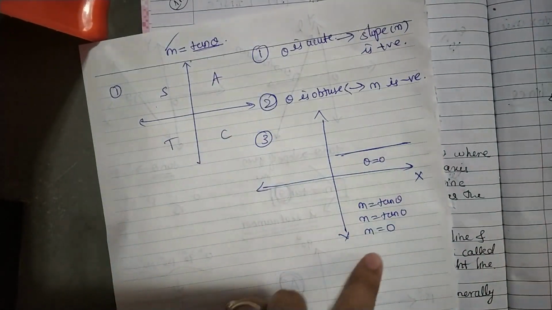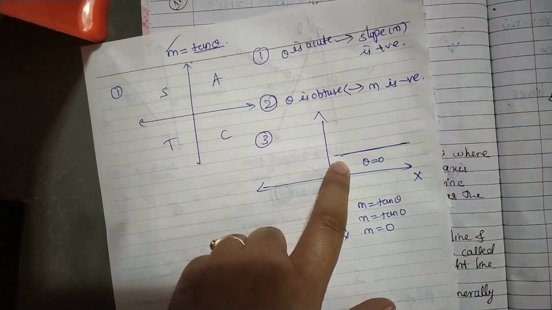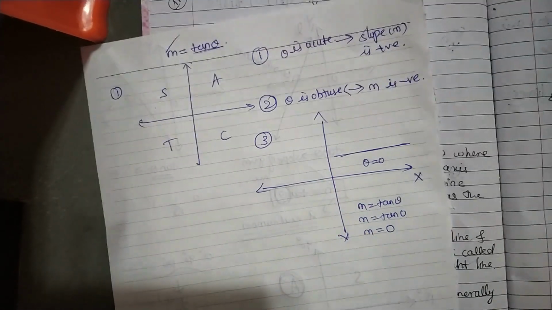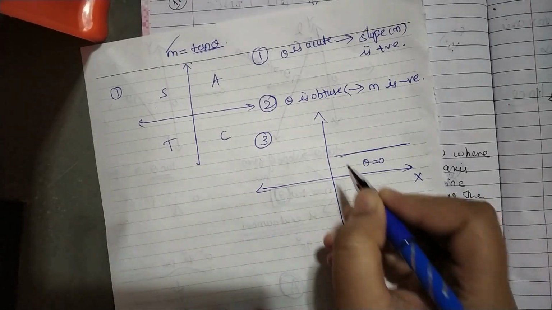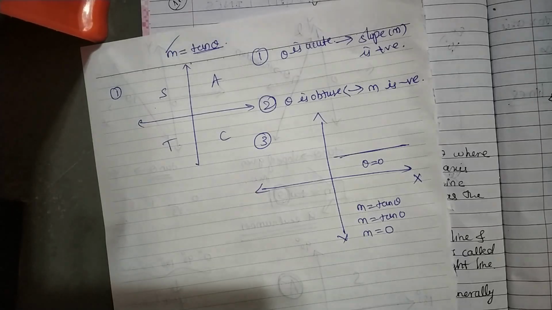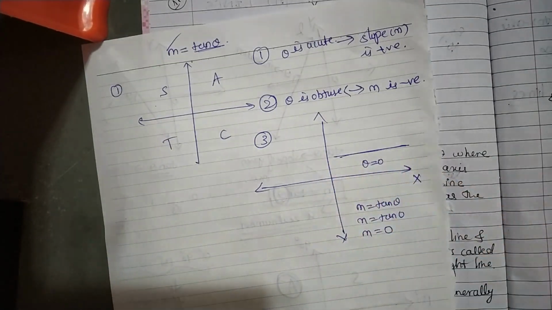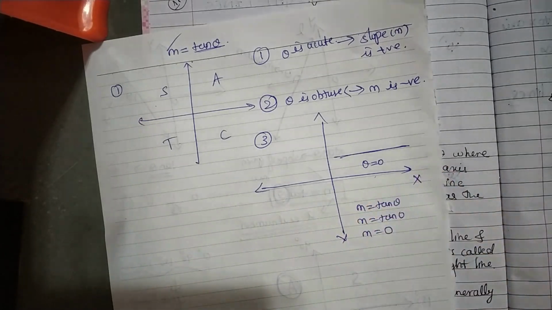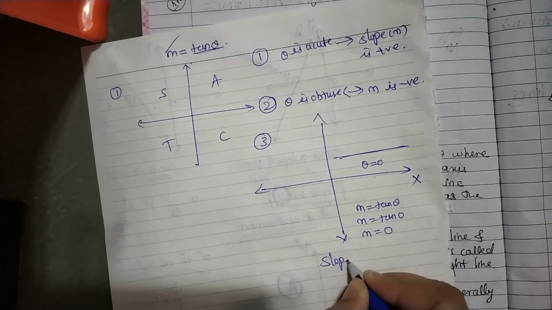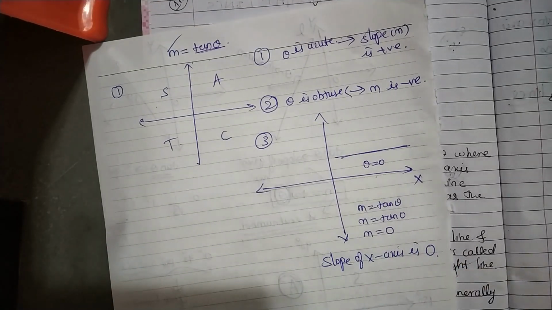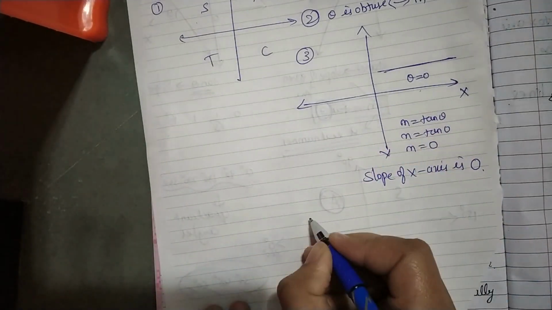So we know that any line is parallel to itself. Therefore, x-axis is parallel to itself. Then what is the angle between them? That is 0. Therefore, slope is 0. In particular, we can say that slope of x-axis is 0. So this is the third note.